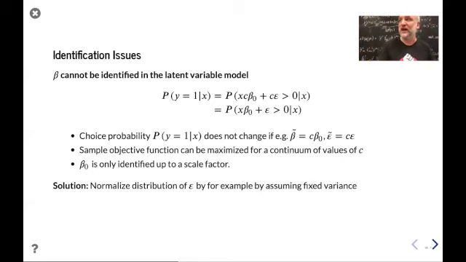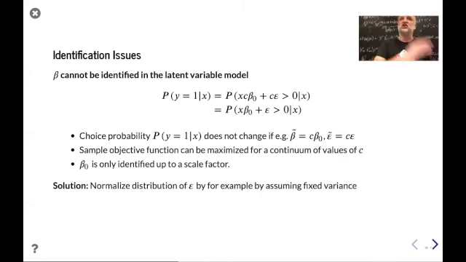Now we're going to use that for maximum likelihood. So the likelihood function depends on those response probabilities. But if those response probabilities do not change when we change the parameters, we get a flat likelihood function, and in other words, a lack of identification.